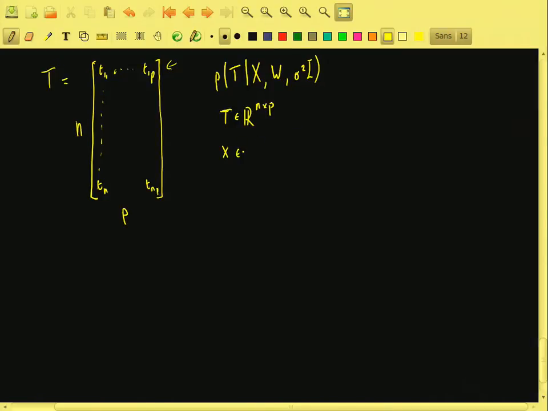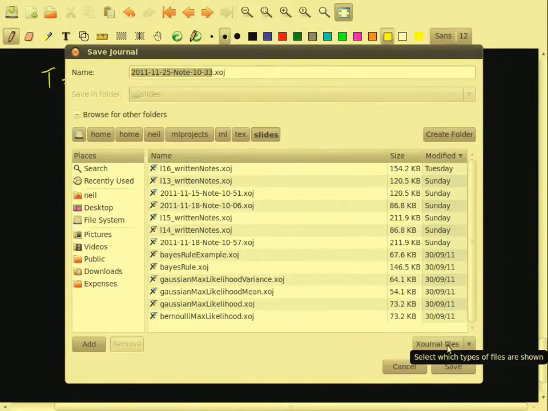X is now going to be the factors. It's in the same form of T, but it's going to be n, so it's the same number of rows, but there's Q latent hidden factors. I should save this, just in case I forget.